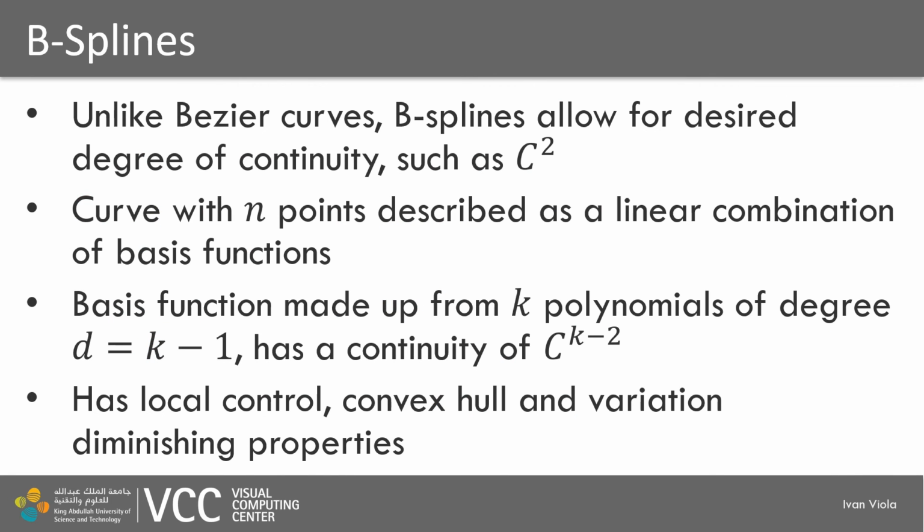The next category of approximative curves will be the B-splines. B-splines are considered to be a generalization of Bezier curves with the following favorable property. They decouple the degree of the polynomials which are forming our B-spline and the number of control points.